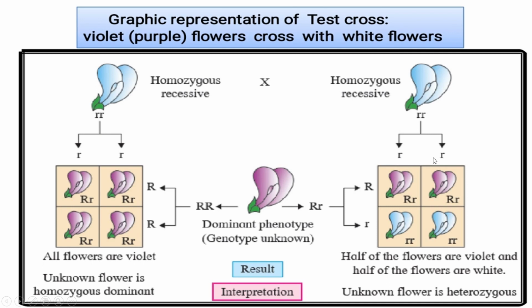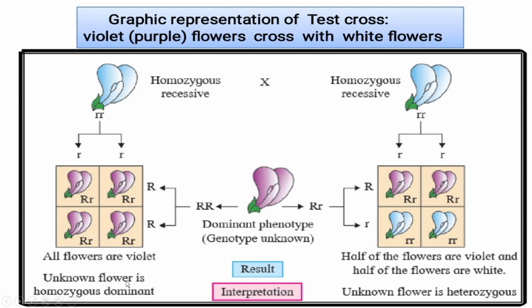We are taking the dominant phenotype, which is the unknown one, the purple color flower, represented here by capital R. With the help of the Punnett square or checkerboard method, we take the gametes: capital R, small r, capital R, small r, and similarly on the other side, small r and small r. See here, dear students, all these flowers are violet, because they are all hybrid. So all flowers are violet.